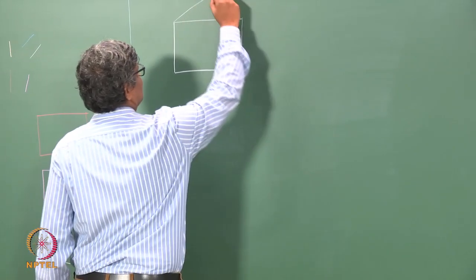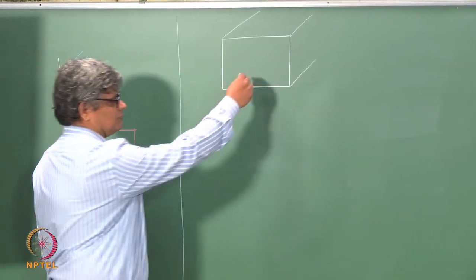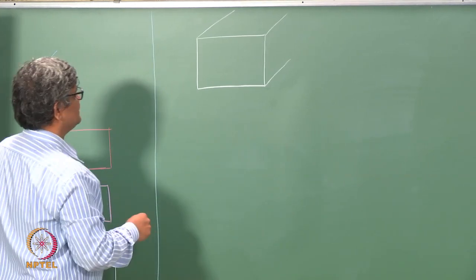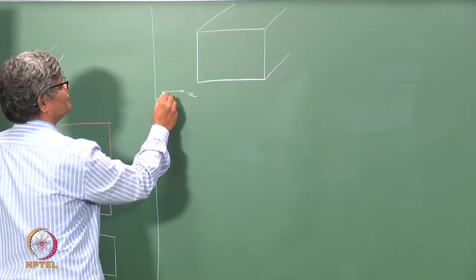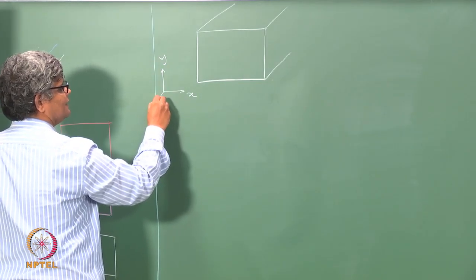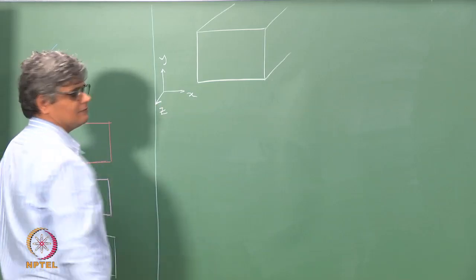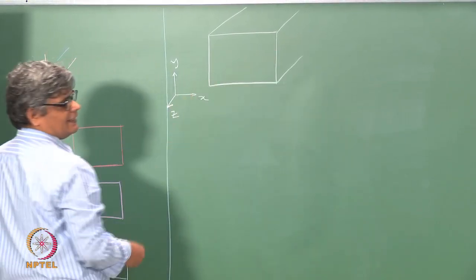So, it is a long duct, flow is coming through this, and we can fix a coordinate system such that this is x, y and z is in this direction. So, you have a flow which is going in the z direction.